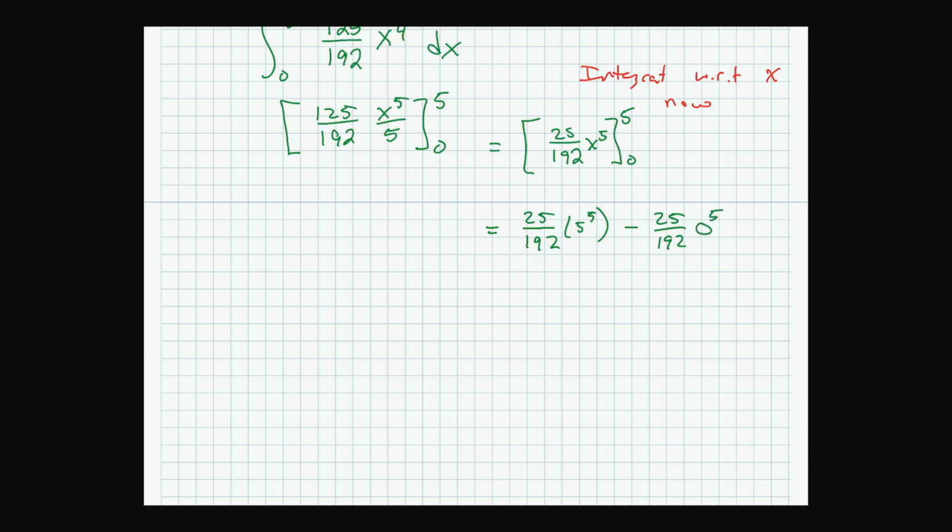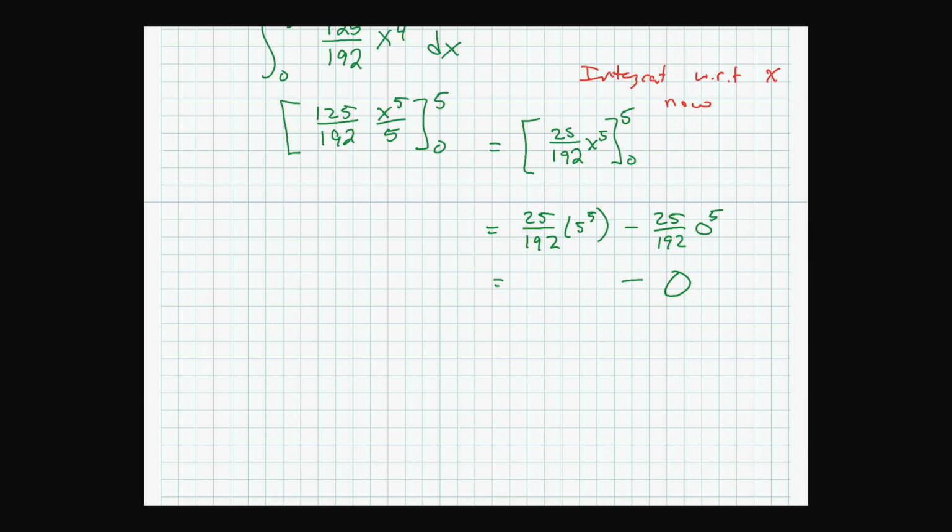Is that right? I think that's right. So of course the second one is 0 again. 5 to the 5, that's a very large number. 5 to the 5 is 3,000 something, times 25, 78,000 something. Divide by 192 and you get a fraction. Oh, it won't even. Okay.